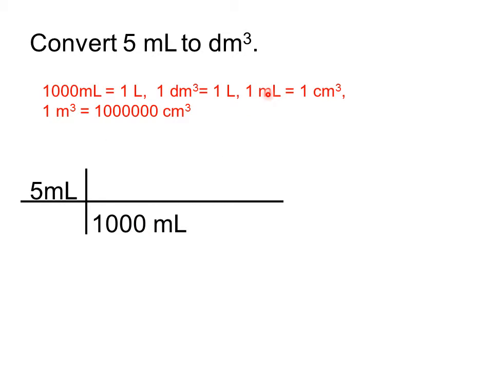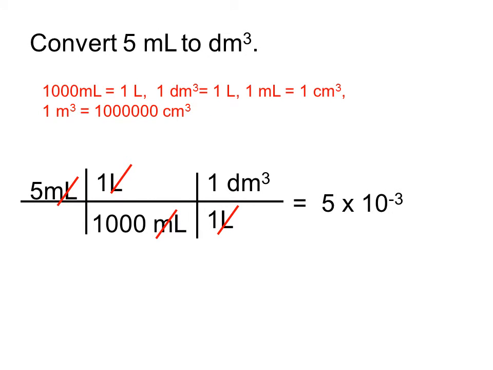You could have used this, and I think you could have gotten to the answer, but let's try this one and see where it takes us. So that's 1 liter on top, cancel milliliters. Now I'm trying to get decimeters. Oh, well, that was pretty simple because there's that equality right there which equates them right away. Cancel liters, you're in decimeters, so you're done.